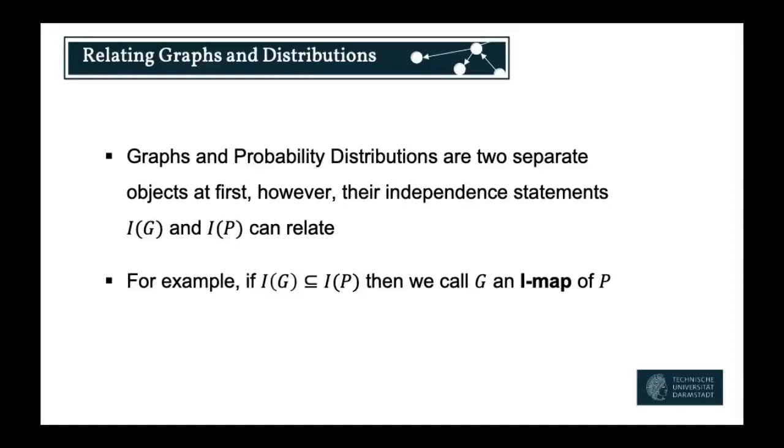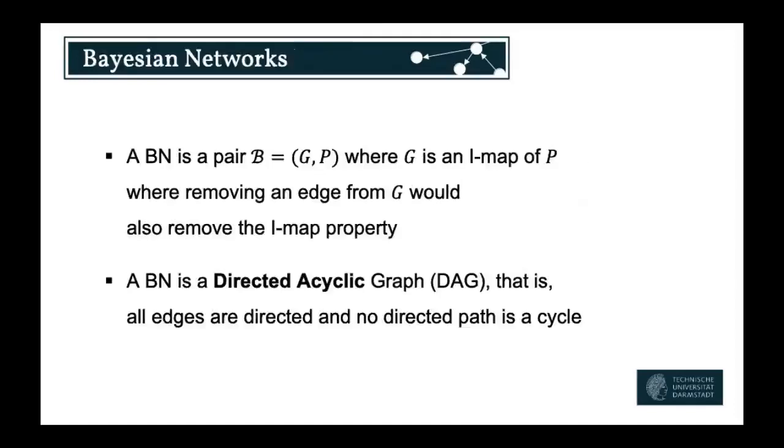And for example, there's this, you know, definition of an I-map, you can also call it Markov property and so on, which is just saying that these independence statements here are just a subset of these other statements, right? So these sets, they relate, right? But you're seeing that it could be equal, but it could also be a strict subset, right? And these are the interesting cases that we are then going to look at now.